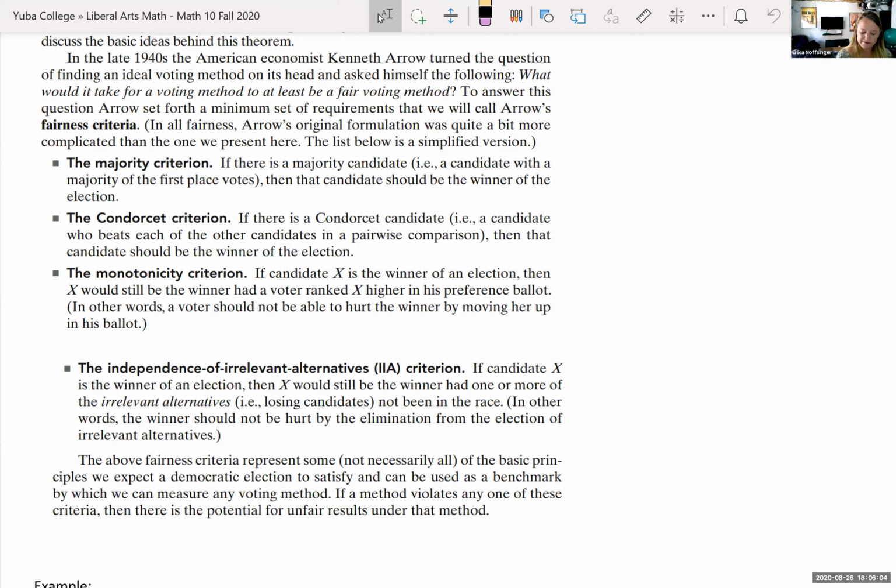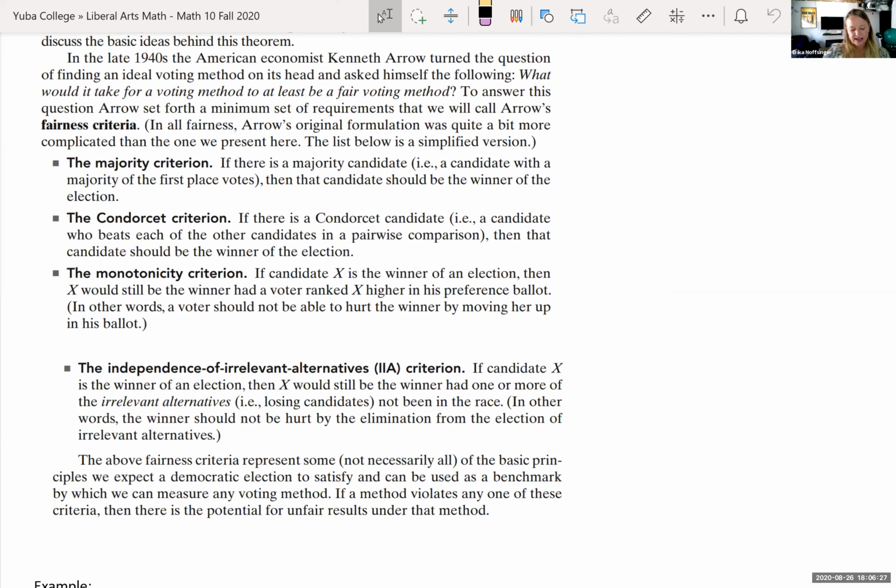Okay, so the above fairness criteria represent some, but not necessarily all, of the basic principles we expect a democratic election to satisfy, and can be used as a benchmark by which we can measure any voting method. If a method violates any of these criteria, then there is a potential for an unfair result under the method.